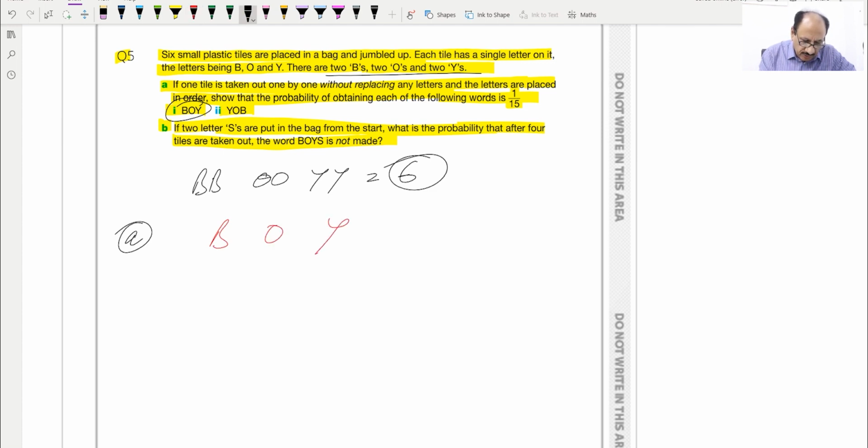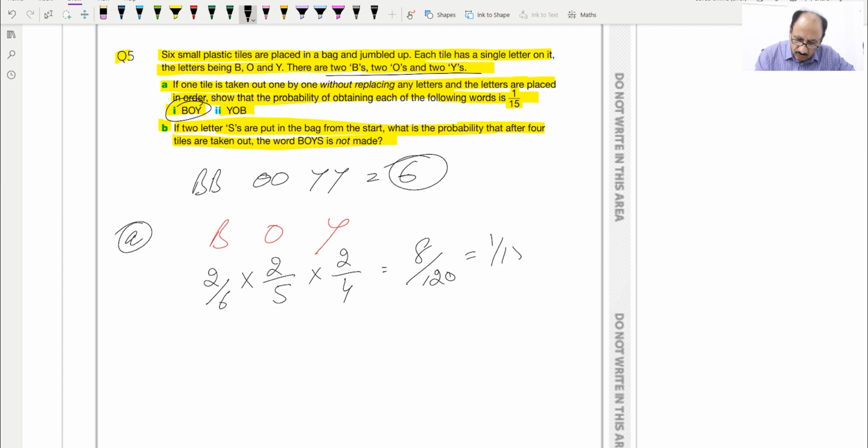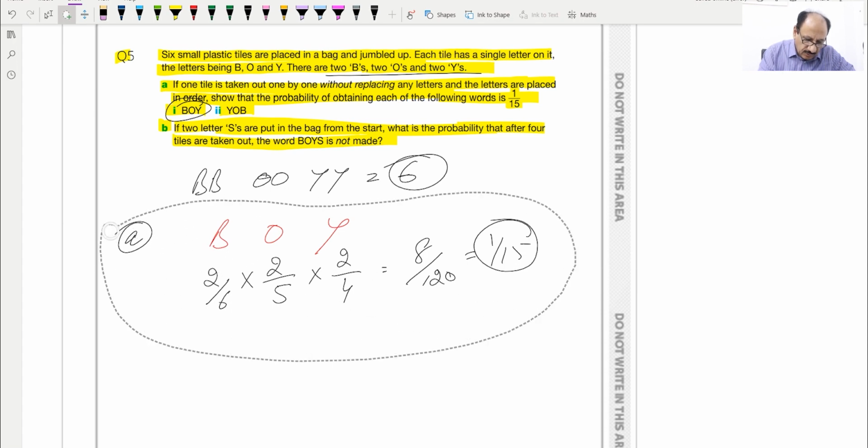The probability of getting B will be 2 out of 6, and next one is gone, so for O it will be 2 out of 5, and for Y it will be 2 out of 4. We can write this as 8 out of 120, which we can simplify. 8 divided by 120 will be equal to 1 over 15. So 1 over 15 will be the answer for A part.